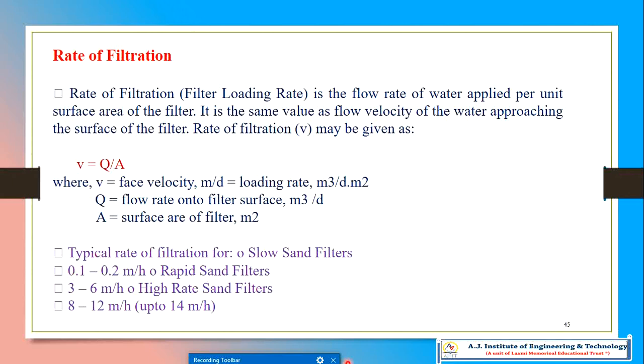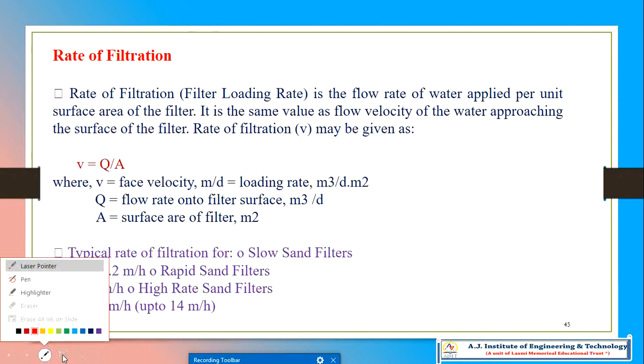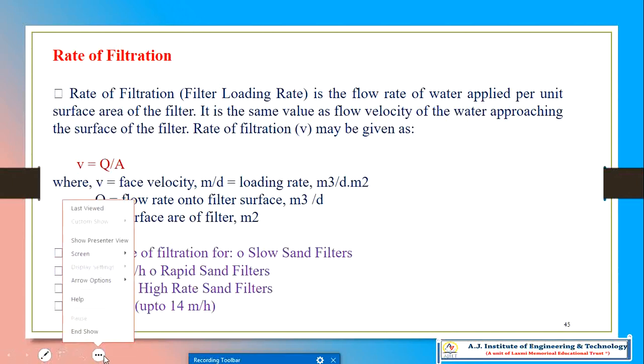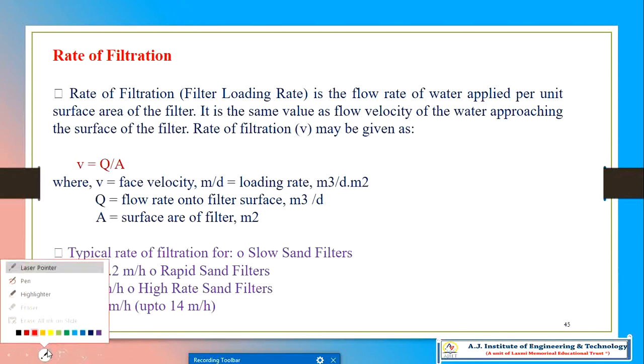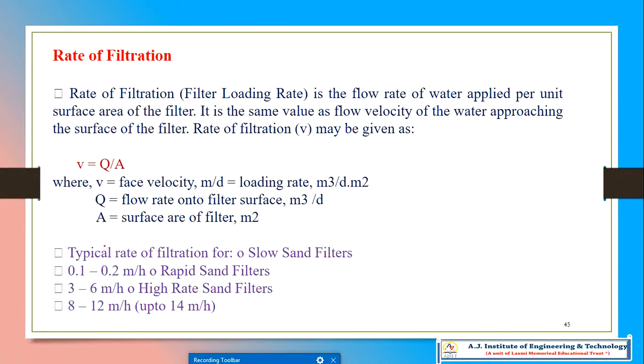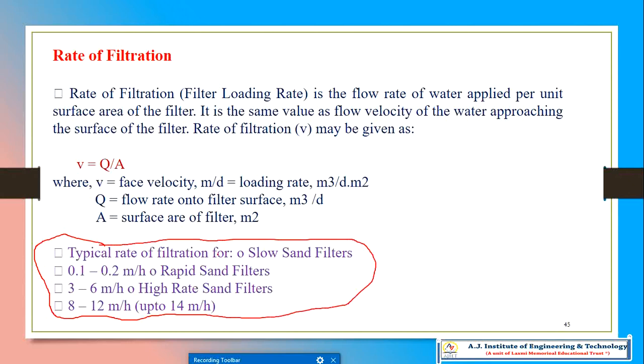So, one more very important concept: the typical rate of filtration.